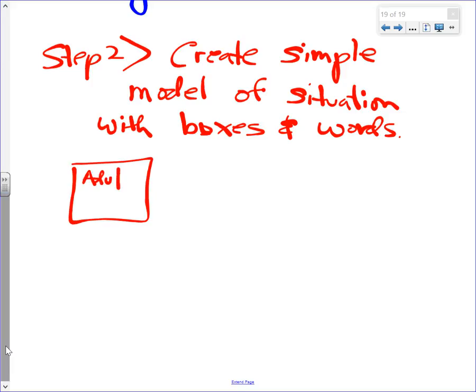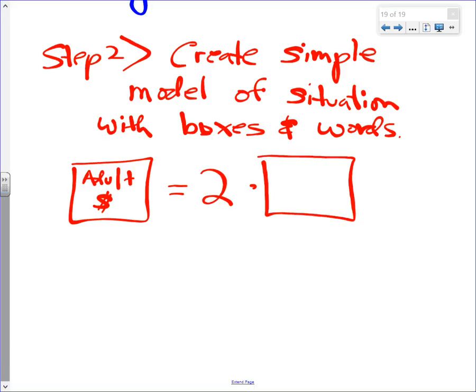I'm putting a box and I'm going to write some words in it. Adult price equals 2 times student price.